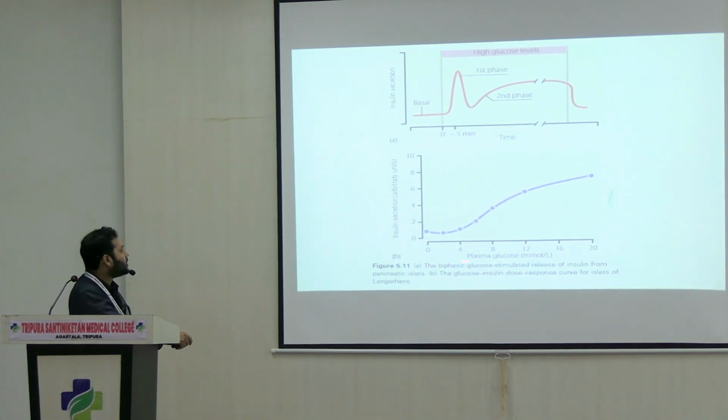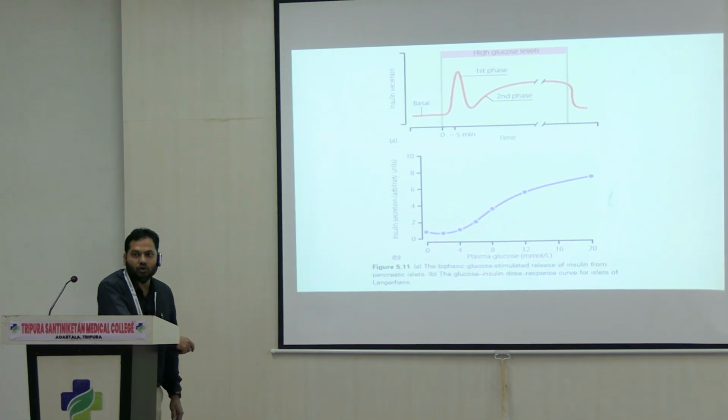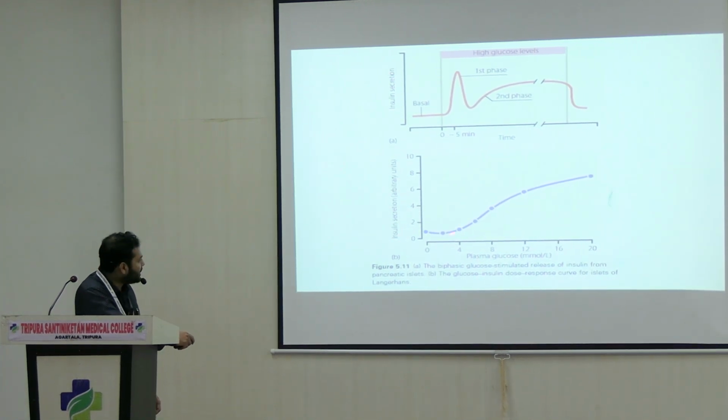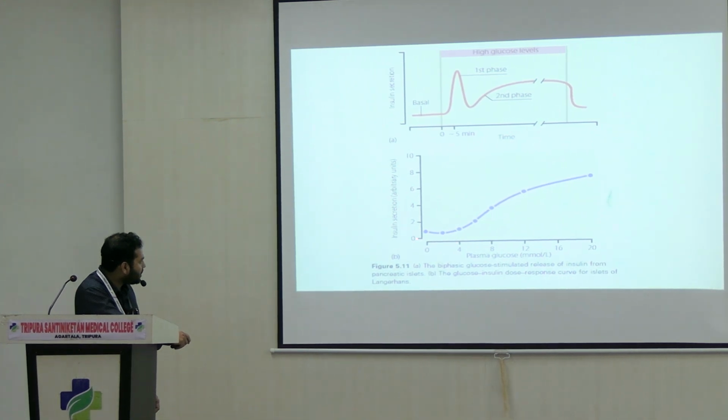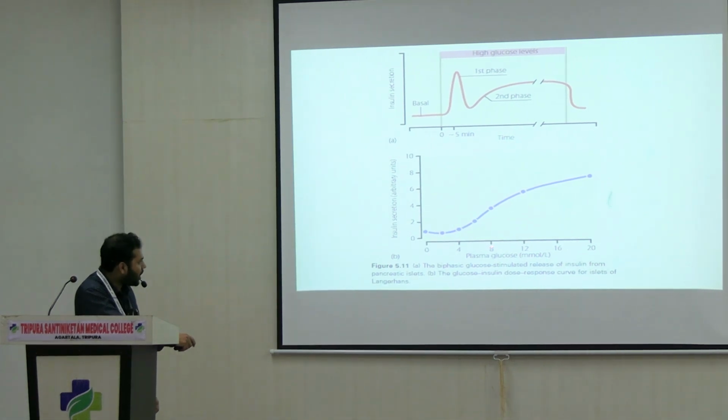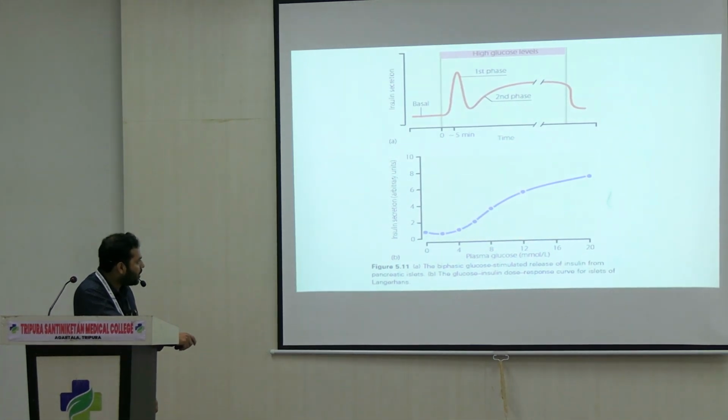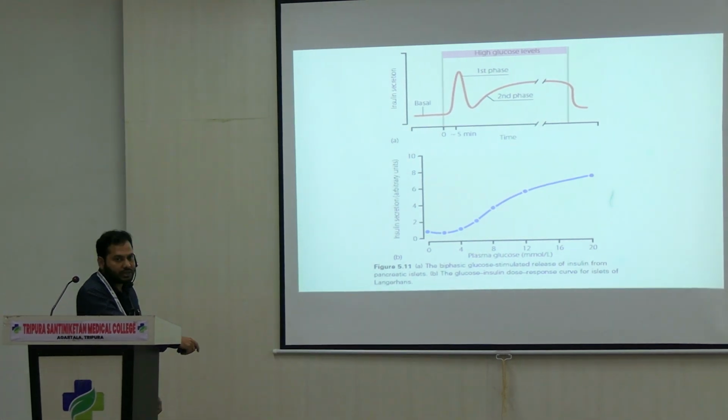You can see this is the glucose insulin secretion curve, or so-called dose response curve. Initially, you see the secretion level of insulin is very low. Here the plasma glucose level is less than 8 millimole per liter, and the secretion of insulin is also very low. But once it crosses this level, there is an increase of insulin secretion.